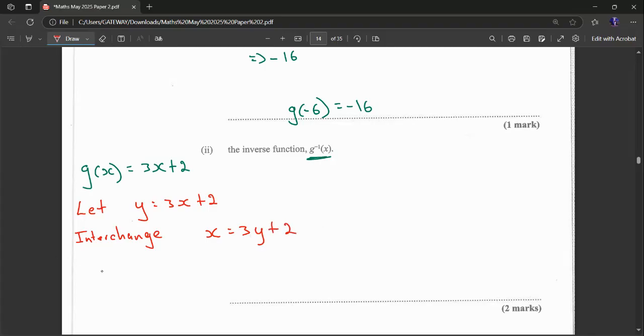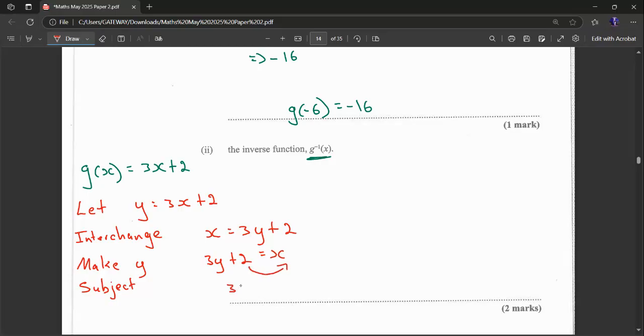Next part would be to make y the subject. In other words, solving for y. Getting y alone on the left hand side. So I'm going to flip this. I will have 3y plus 2 is equal to x. Carry across the positive 2 to the right hand side of the equation.